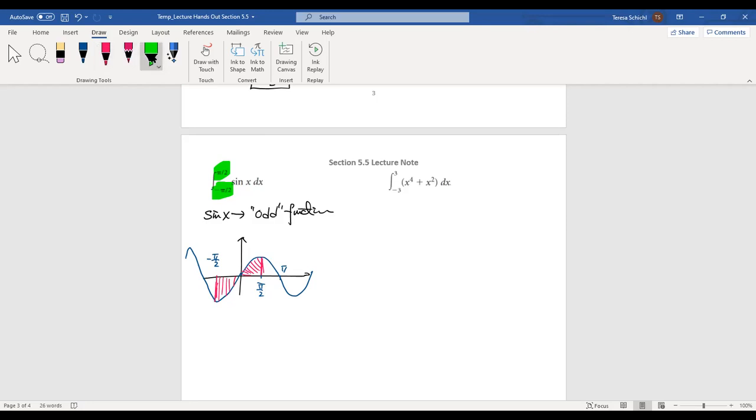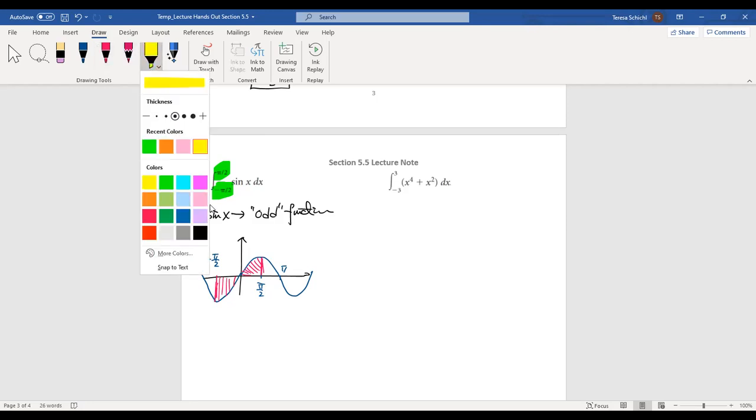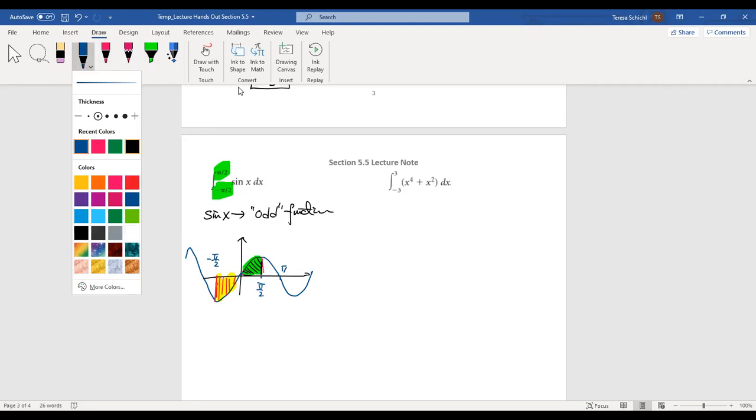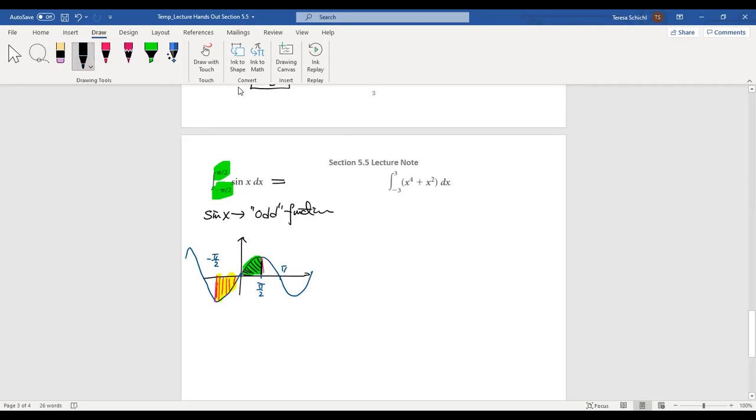We can do a color coding: the yellow area is below, and the green area is above. Because of that, you don't really need to carry out the integration, and you can say the answer for this one is 0 because of the odd function, right?